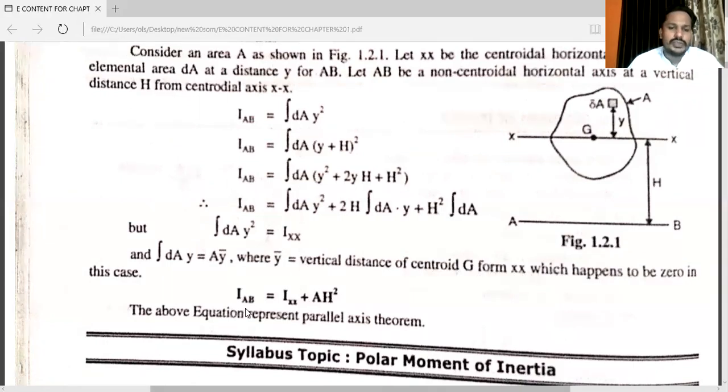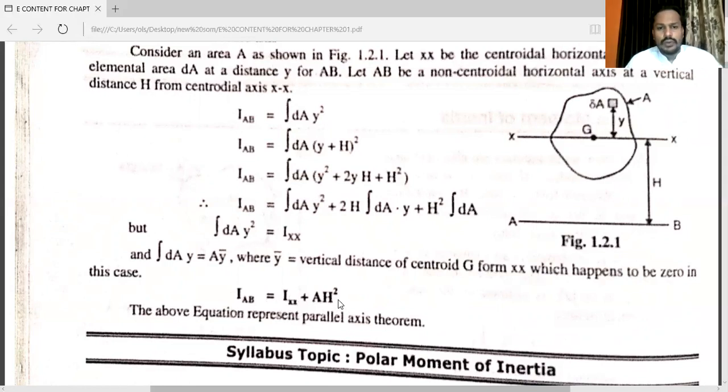This formula is very, very, very important. We already know this formula; I just explained it here. This equation represents the parallel axis theorem. You can note down: moment of inertia about AB is equal to Ixx plus A h square.